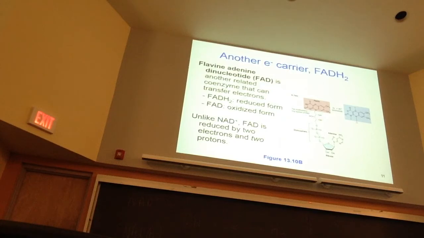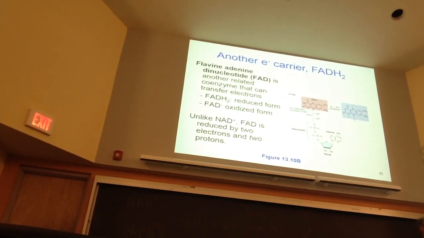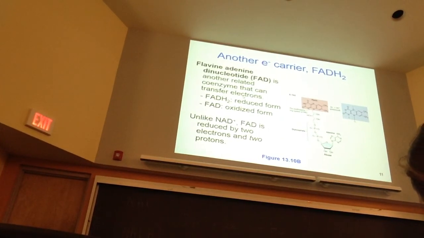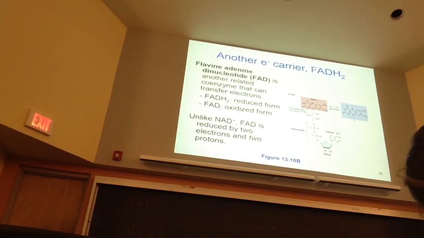Okay, FADH2, you've seen this as well, is another electron carrier. Flavin adenine dinucleotide. We call these coenzymes because they assist enzymes to carry out reactions. FADH2 is the reduced form, and FAD is the oxidized form.